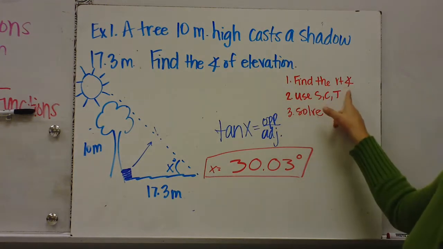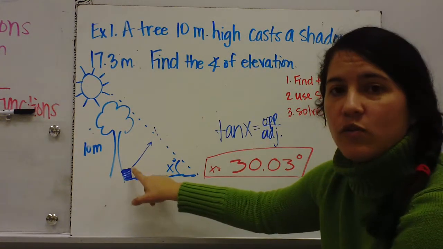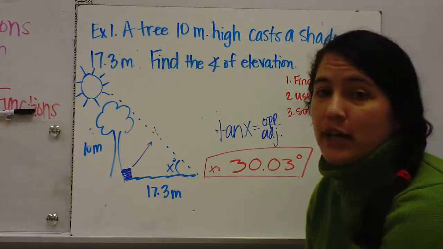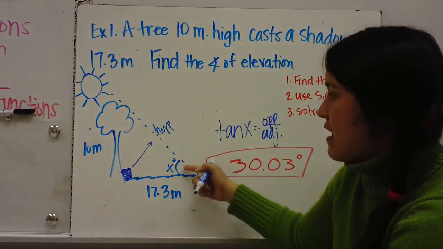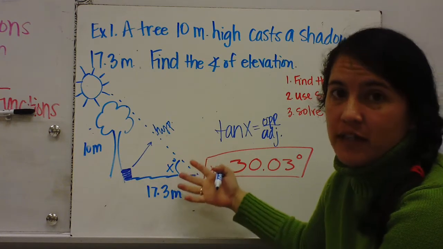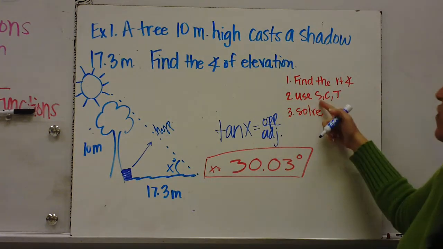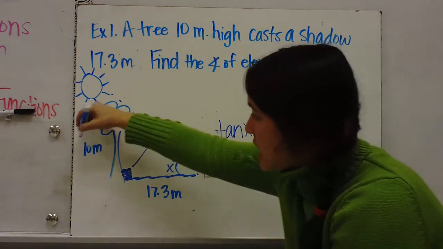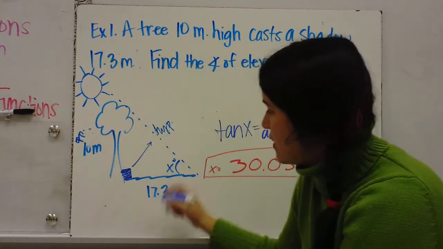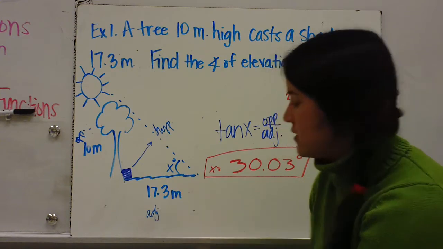First find the right angle, and here's the right angle. Once you find the right angle, you have your bearings, and you know that this is the hypotenuse, and this is the angle from the perspective we are looking at. Next, we want to use sine, cosine, or tangent. From this angle, this is our opposite side, and this is our adjacent side.